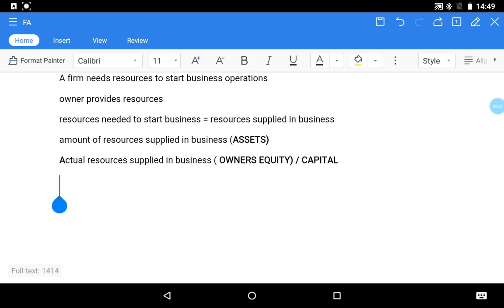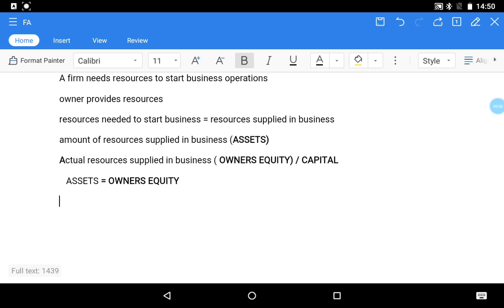That means here we have our assets is equal to owner's equity or capital. So this is our formula now.